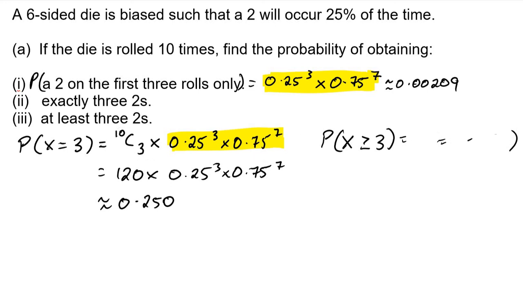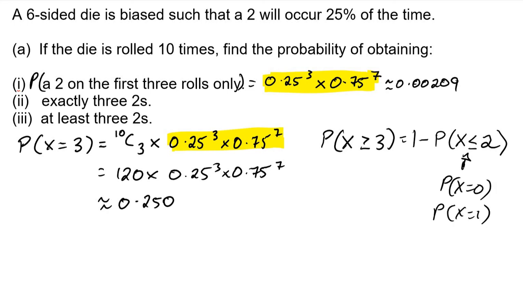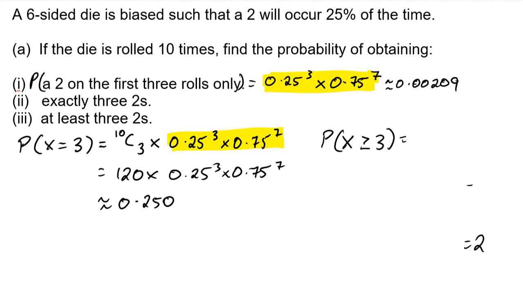We could also look at the idea that we could do 1 minus the probability of 2 or less. But that would still require for this one working out the probability that x is 0, 1, or 2. Still very time consuming.